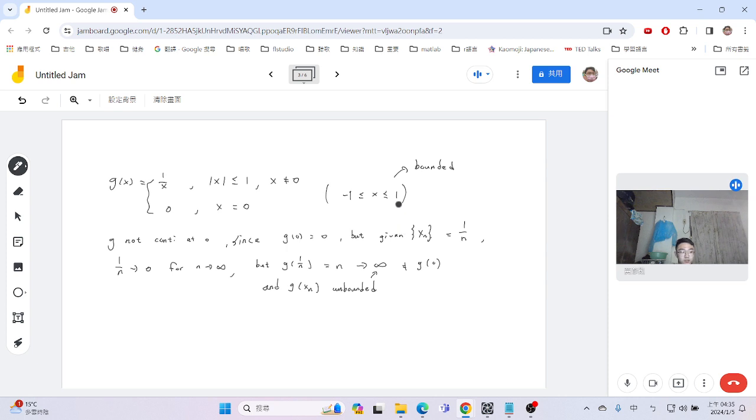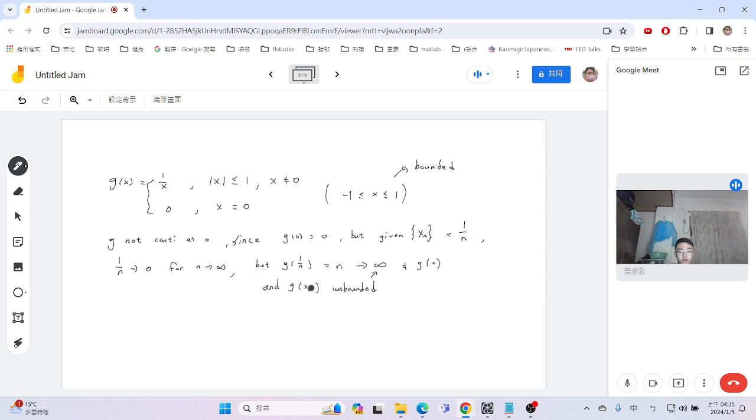But the function g of x is discontinuous at x equals 0. Let xn equal 1 over n.